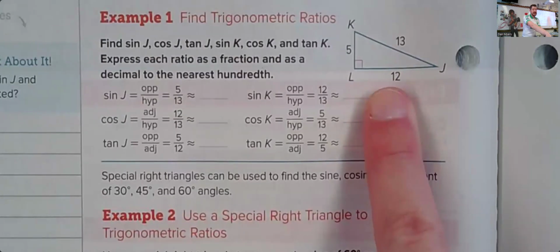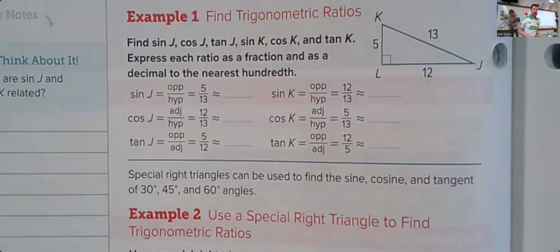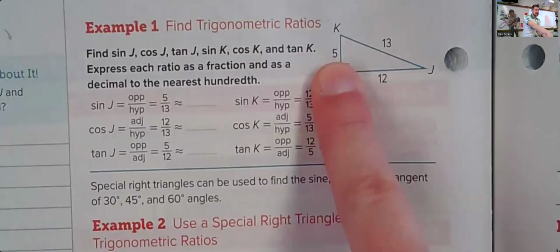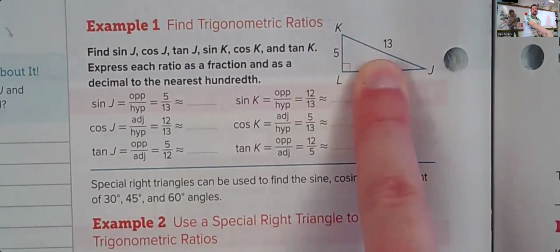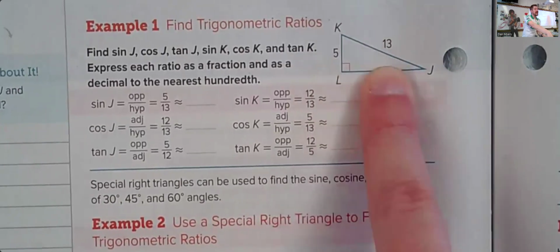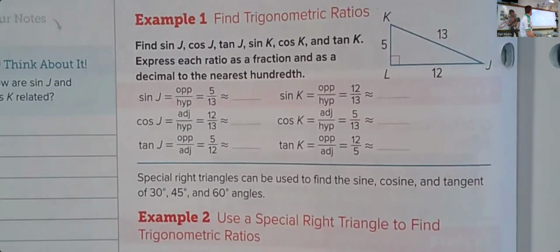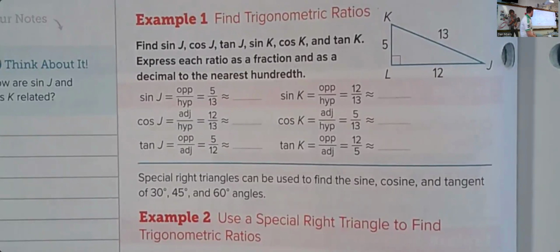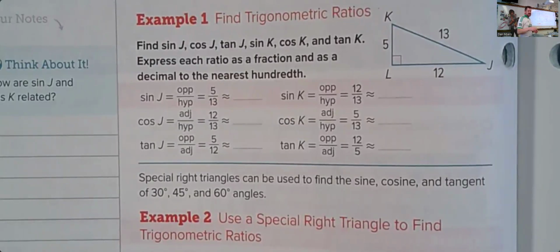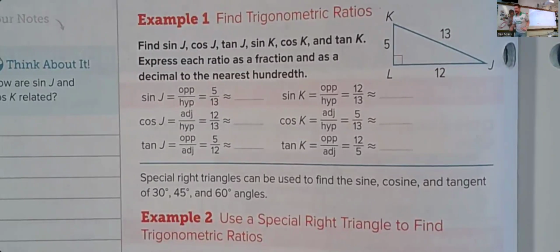In fact, we don't know what the angles are. We'll be able to figure it out, but we don't know what they are yet. It is not a 30, 60, 90, and we know that because 5 times 2 is not 13. If this was a 30, 60, 90, and that's 5, that would be 10. So not a 30, 60, 90. What we are going to do, though, is it's kind of set up everything for us. I'm going to get some highlighters so I can color code everything like I like to do.